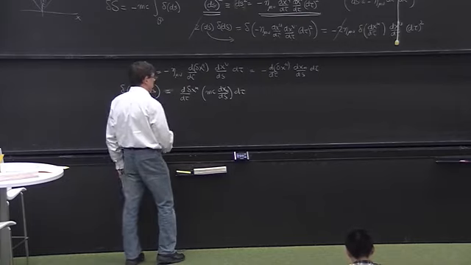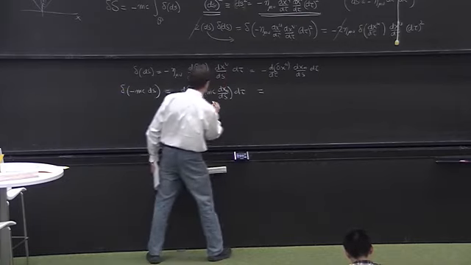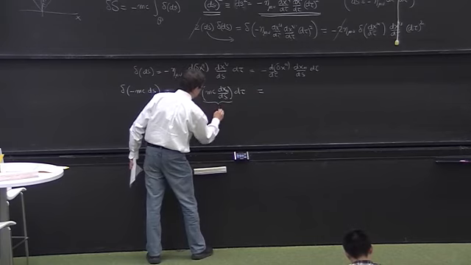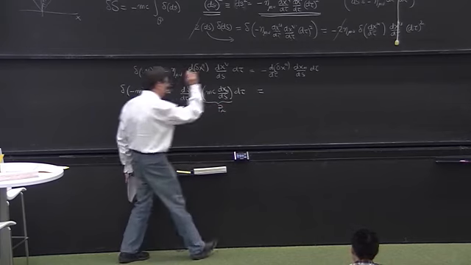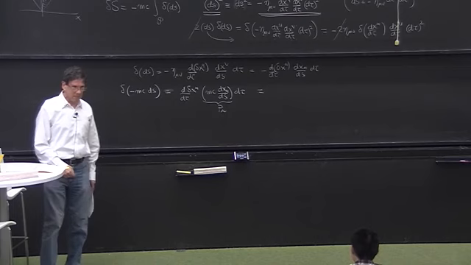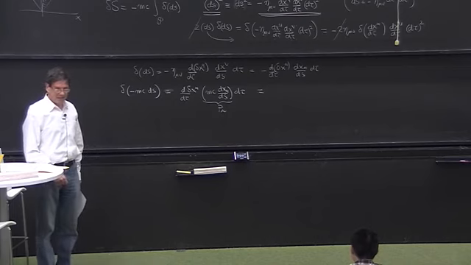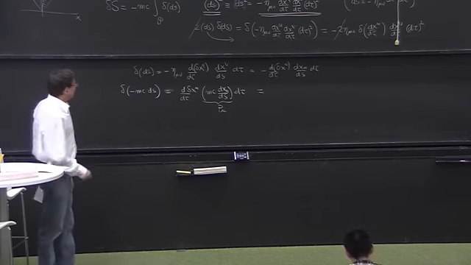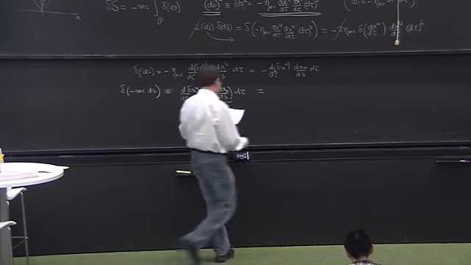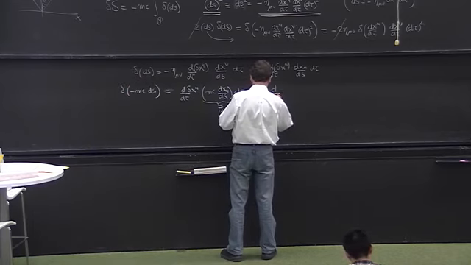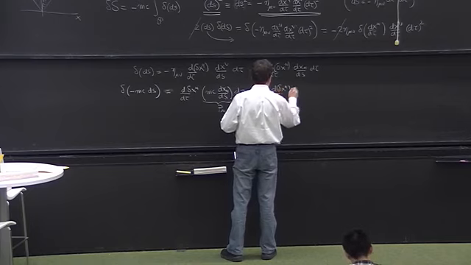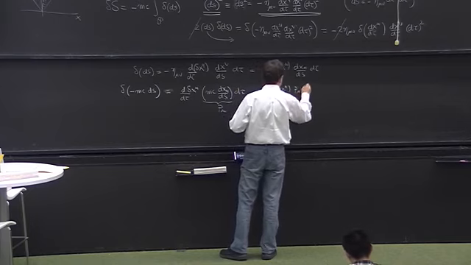And once you do that, you recognize that this is precisely what we used to call the relativistic momentum. So the thing has become really simple. d/d tau delta x mu p mu d tau.